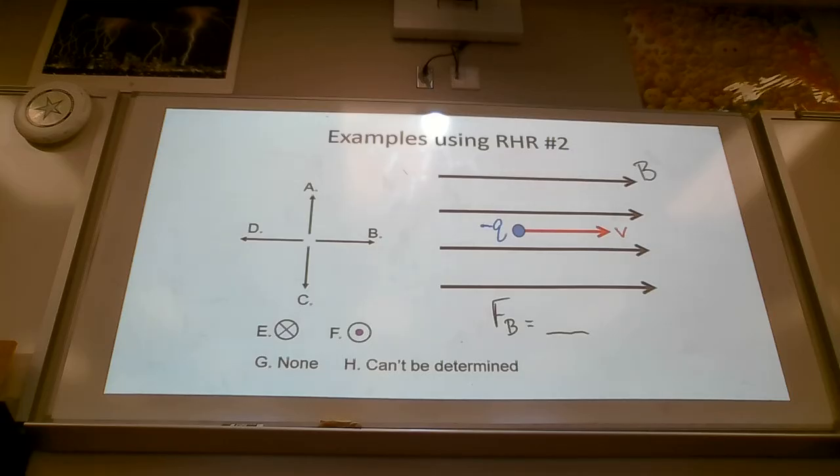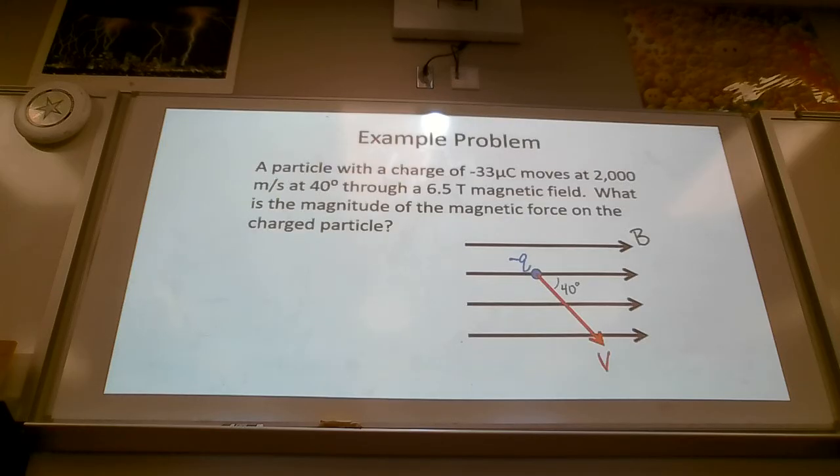No, it is moving parallel. So the answer is no force. G. You okay with that? No force. There has to be some component that is perpendicular to the direction of the magnetic field. Okay? So that leads us to a word problem.